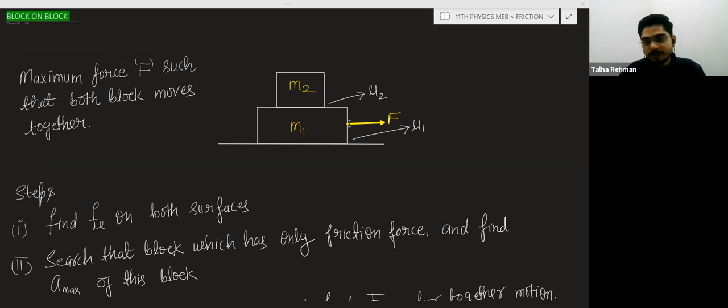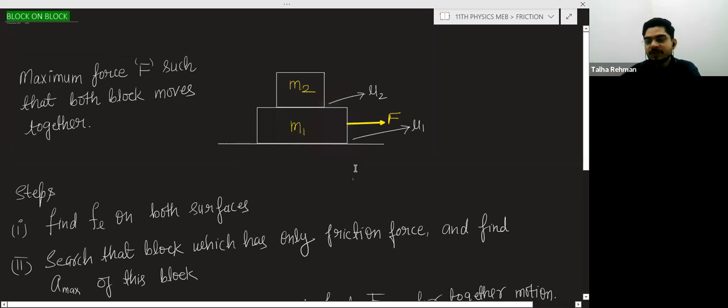If you are applying a force in this condition when two blocks are there, there can be three conditions: either both blocks will be at rest, or one of the blocks will move, or both of the blocks will move together. So we will calculate the maximum value of the force so that both blocks move together.